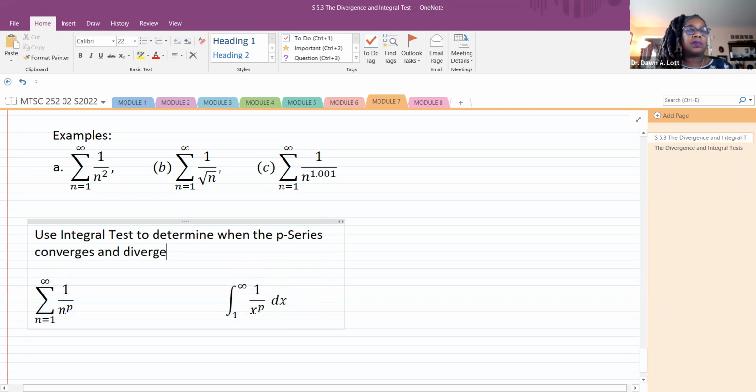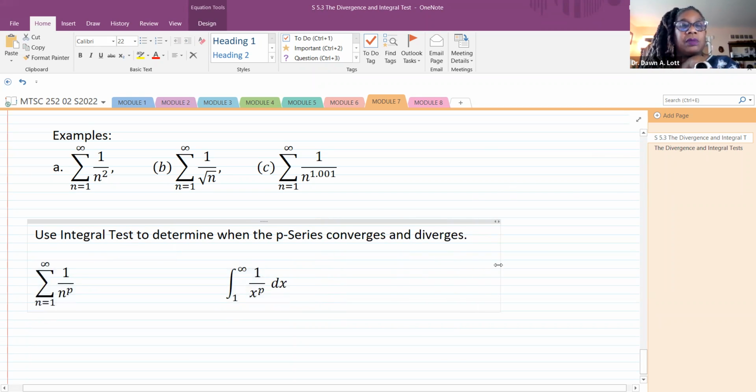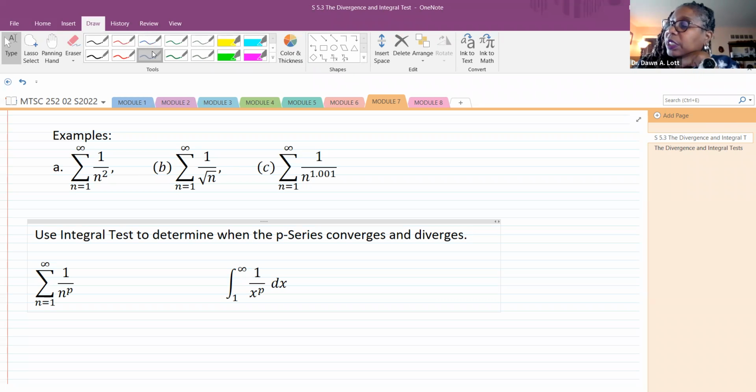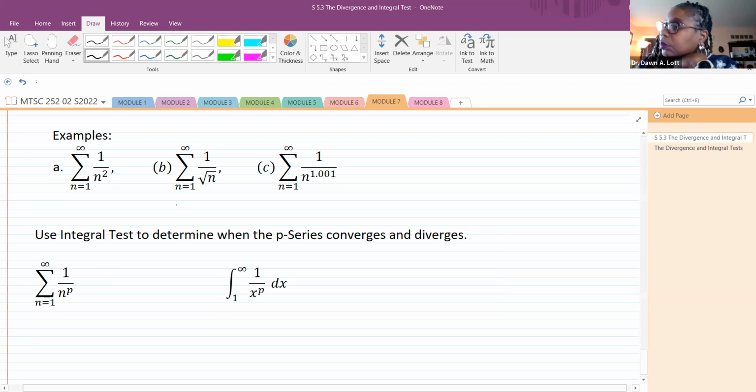Diverges. Okay, so we're going to use the integral test to help us figure this out. Okay, so just like before, there is a relationship by the integral test. There is a relationship between these two.